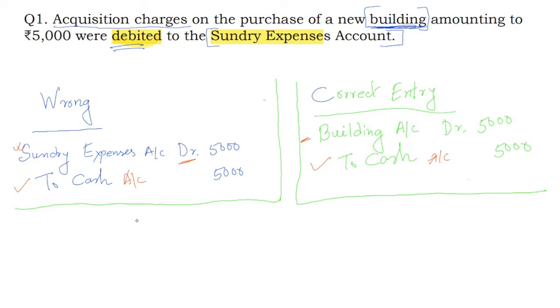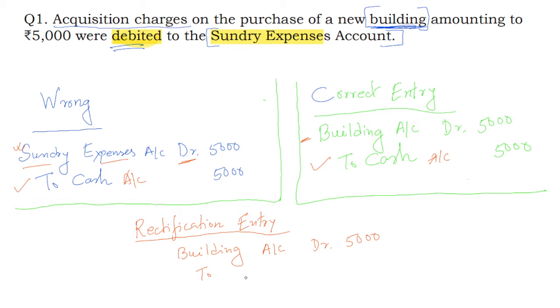So the rectification entry will be like this: Building account debit 5,000, to sundry expenses, which was wrongly debited, so we now credit it to make it correct.